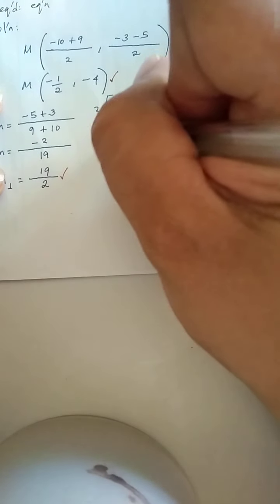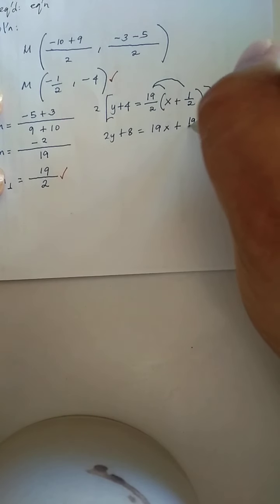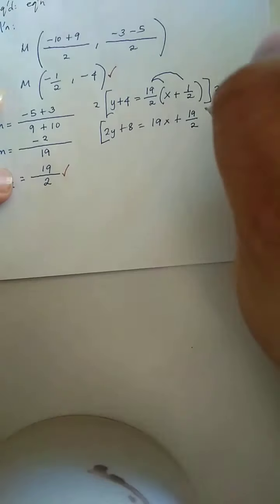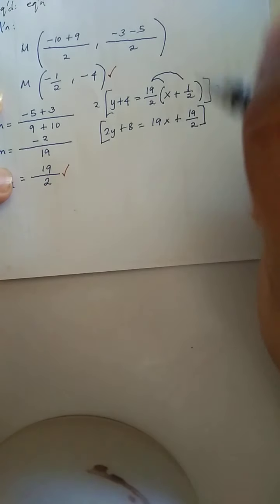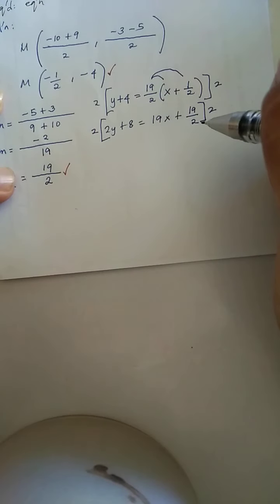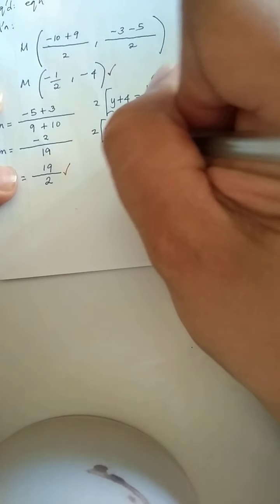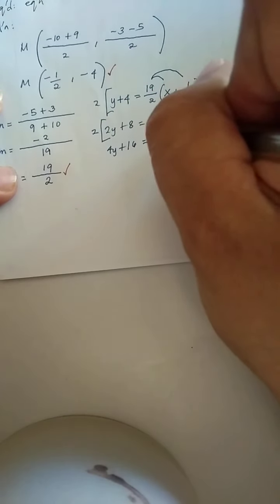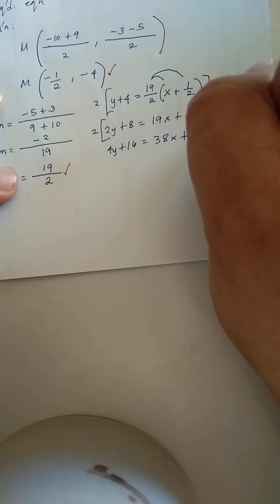So you have 2y + 8 is equivalent to 19x + 19/2. Multiply this further by 2 so that we can totally eliminate denominators. So you have 4y + 16 is equivalent to 38x + 19.